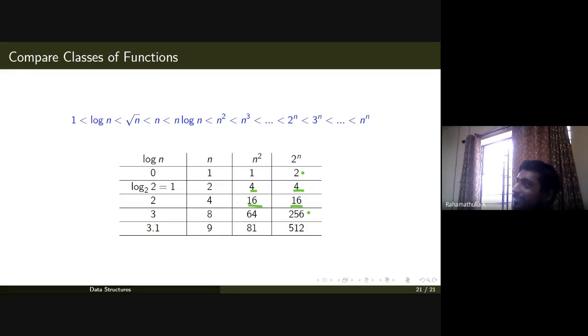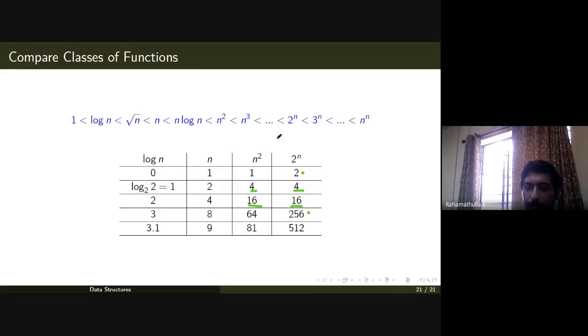So after a particular value of n you can always say that n square is less than 2 raised to n.